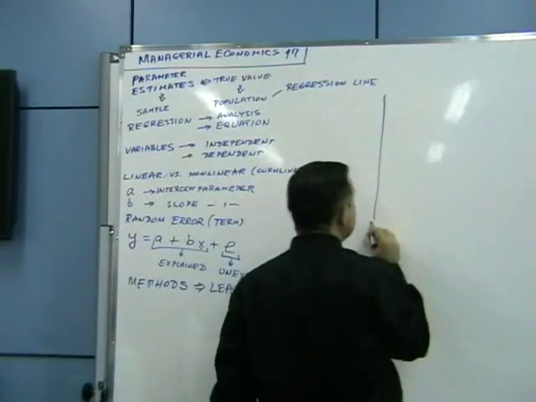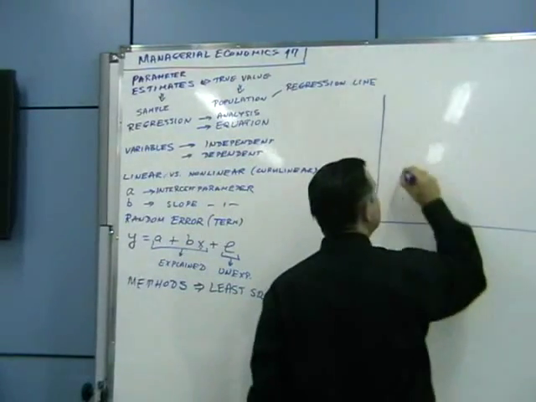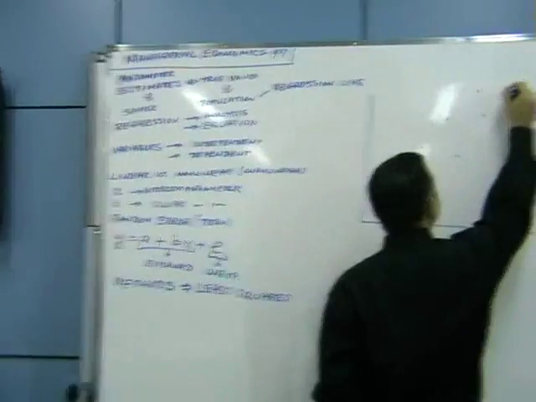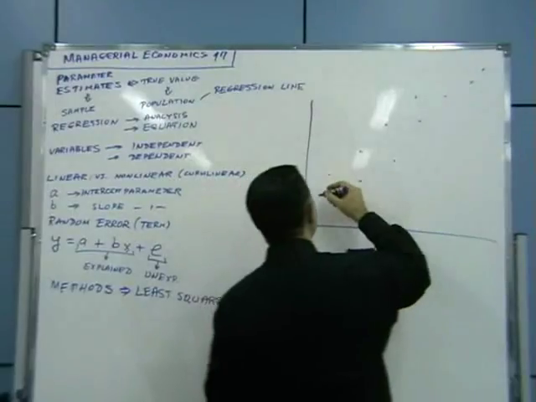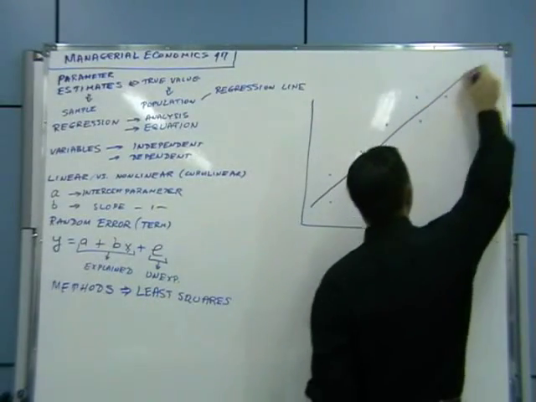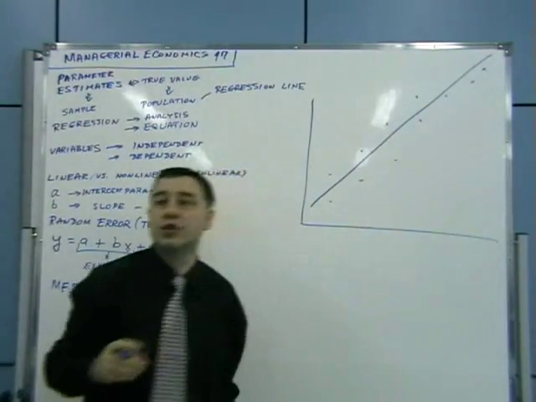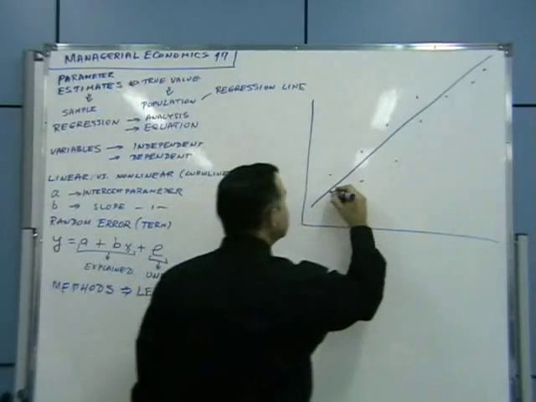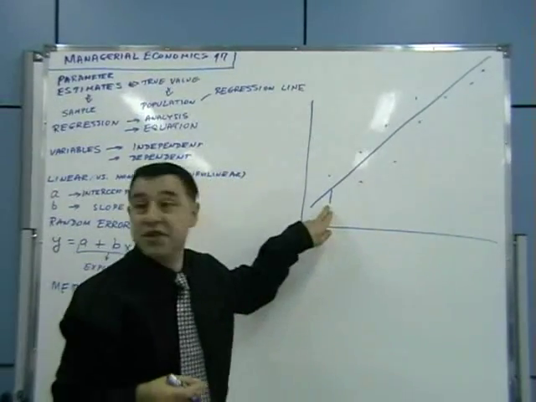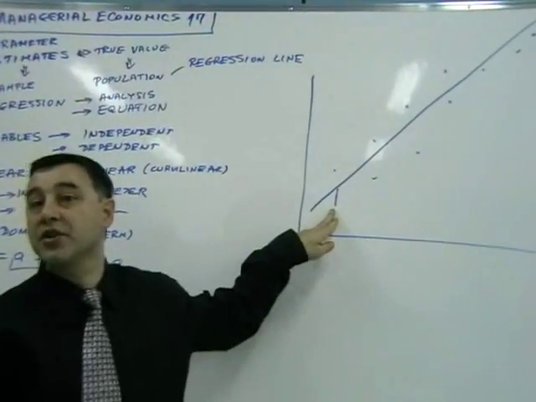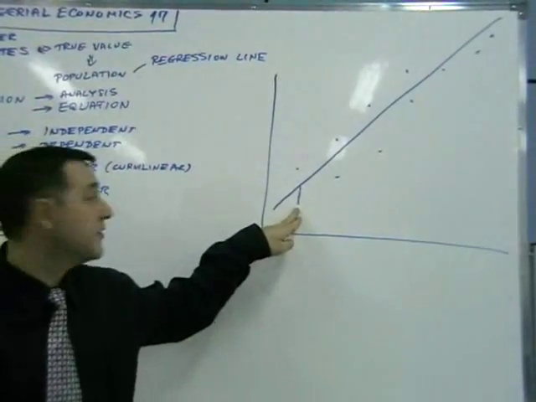So here is our data, and we have a regression line, and what we want to do is get this little distance over here. We call this the first error term, or the error term of the first observation.